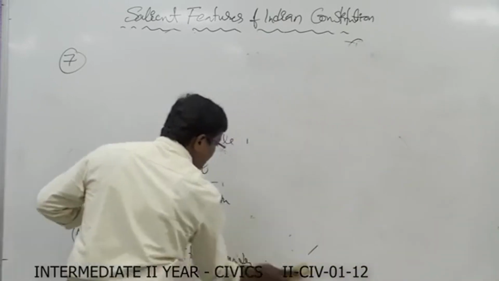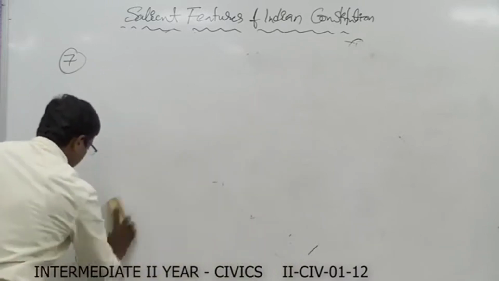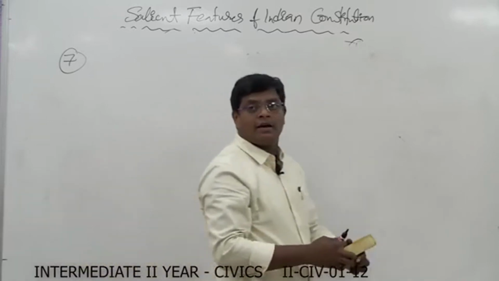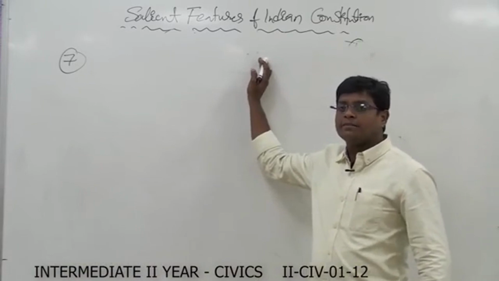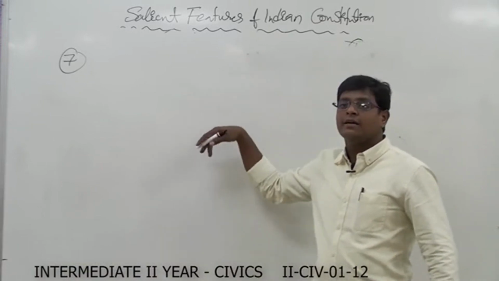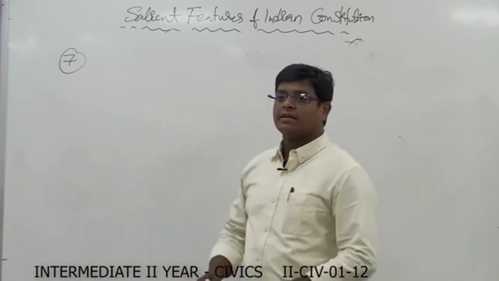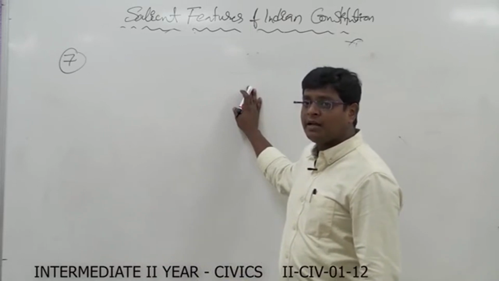At the time of making the Constitution, the Constituent Assembly formed an advisory committee under the leadership of Vallabhbhai Patel. This committee was again divided into subcommittees. The subcommittee chaired by J.B. Kripalani dealt with the fundamental rights.